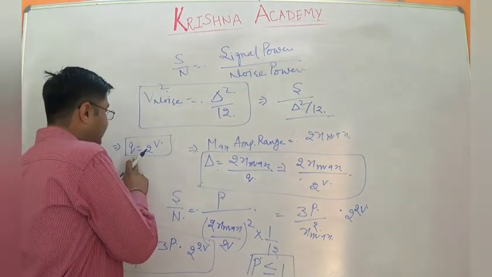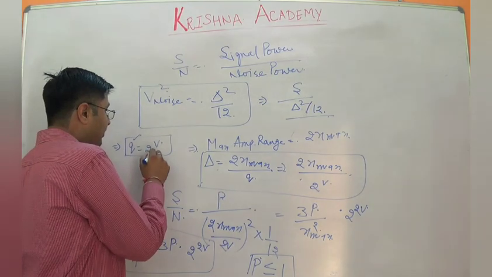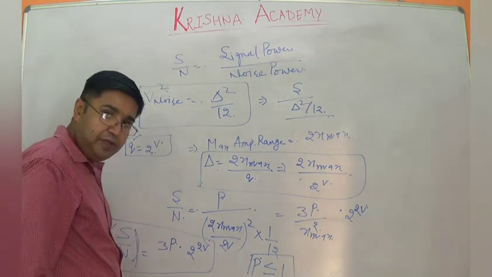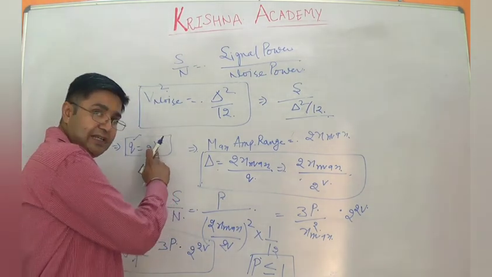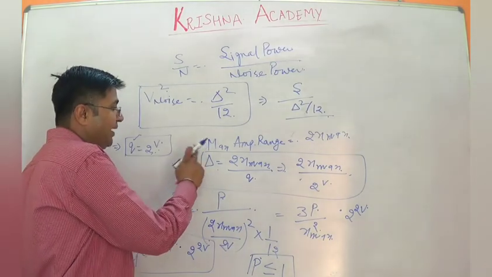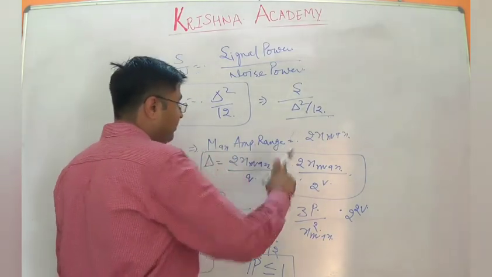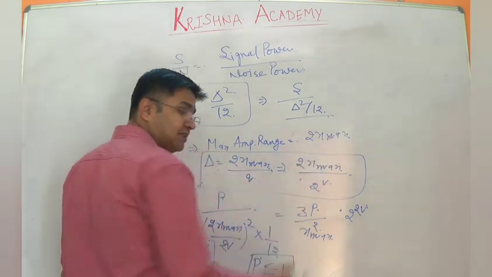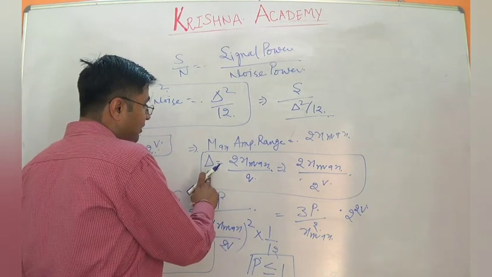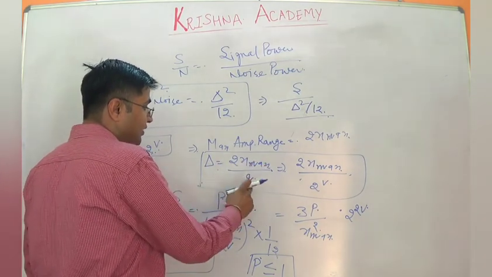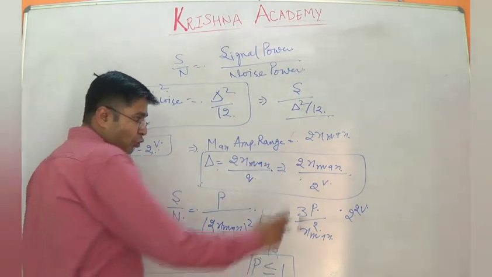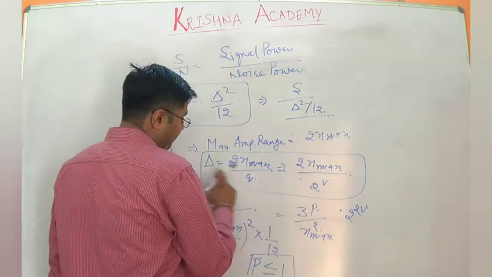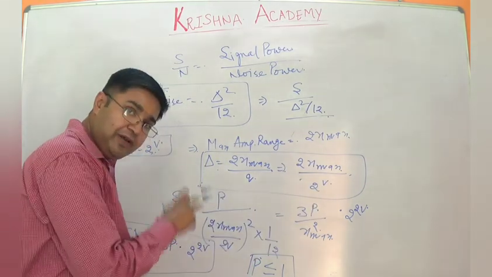Now the number of quantization levels available to us is 2 to the power V. V is the number of digits available to us. Now the maximum amplitude range of this particular signal will be 2x max. Now delta will be calculated as 2x max divided by Q, 2x max divided by 2 to the power V, that will be the delta.